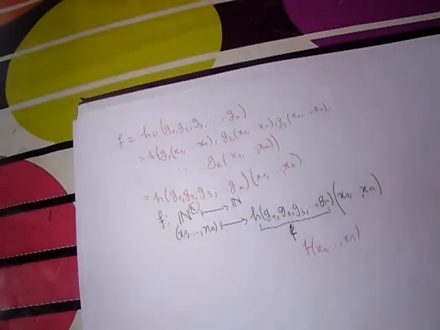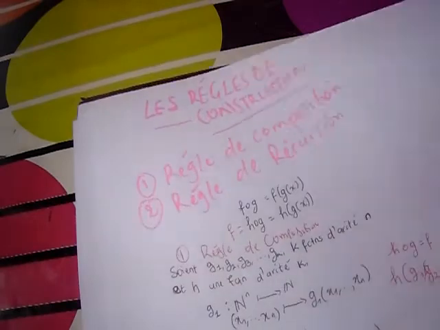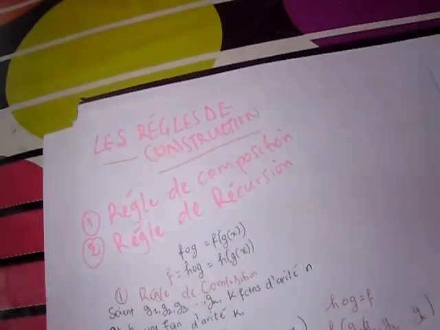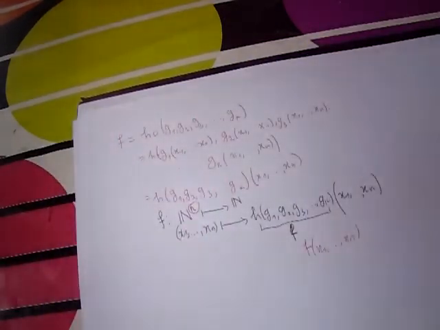Now, cas particulier. The cas particulier brings us back to the h rond g. So, for the cas particulier, let's assume k is equal to 1.